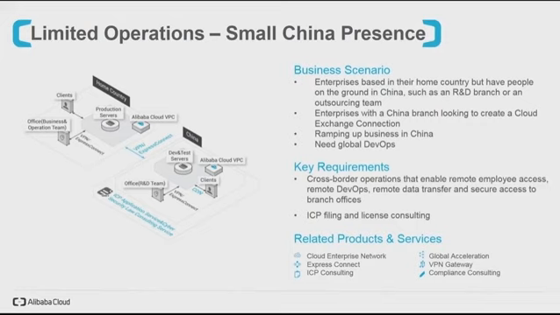You want to be able to start improving the experience further in China by having more local servers, test and development servers, so that your global development team can access those servers in China locally rather than transferring the data from your home country to China. So that's the next stage, if you go from a small office to a limited office.